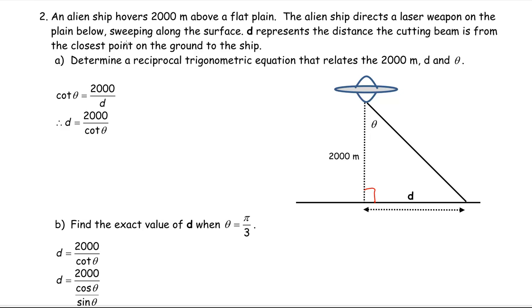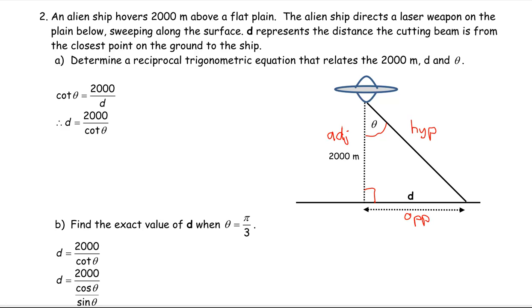So it'd be a good idea to work in terms of the angle here, which is the angle between the altitude or vertical here and the beam itself. So in terms of that angle, this would be the hypotenuse, which we don't need. This would be the adjacent side, and the d would be the opposite side.